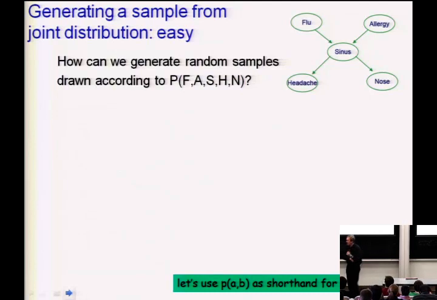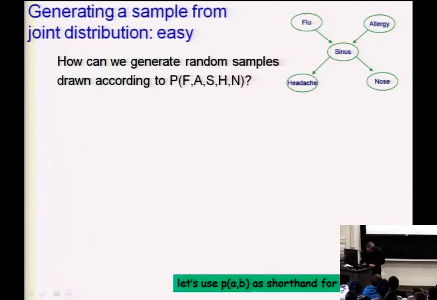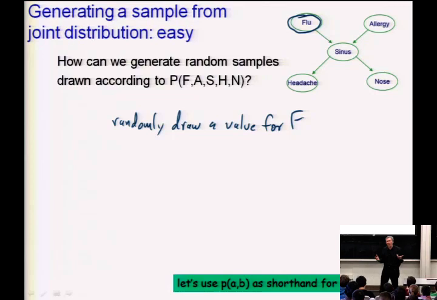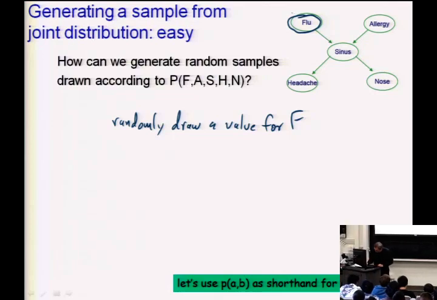And so we could do this. Let's start by picking the easy one, F. So first let's generate a random draw, a value for F. Now, of course, the conditional probability table sitting around for F, again, assuming these are all Boolean variables, just tells us one number, which is the probability that, let's say, F equals 1.